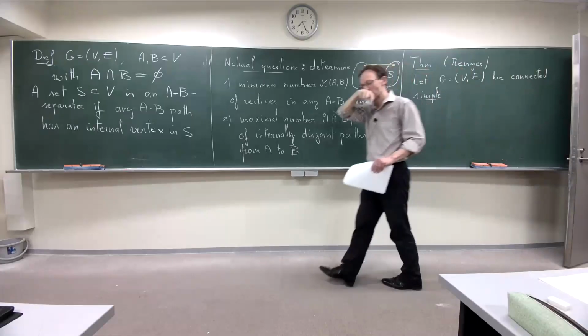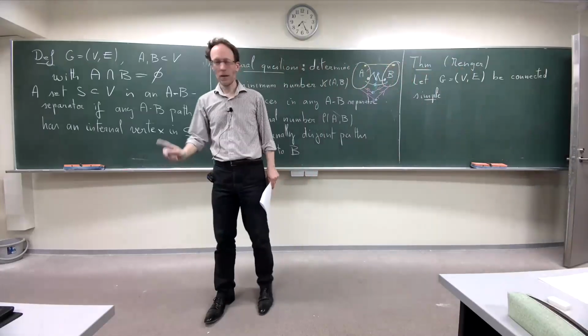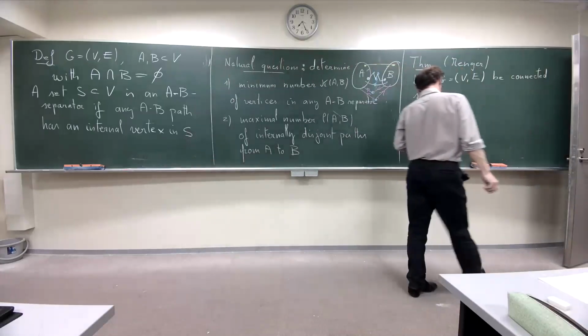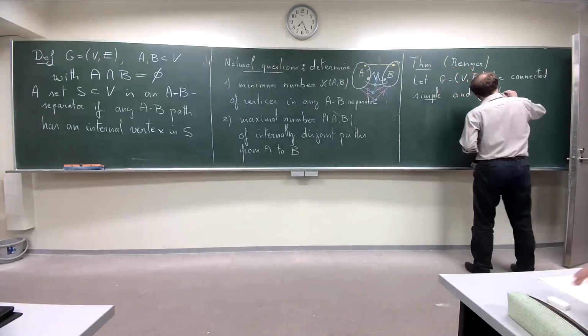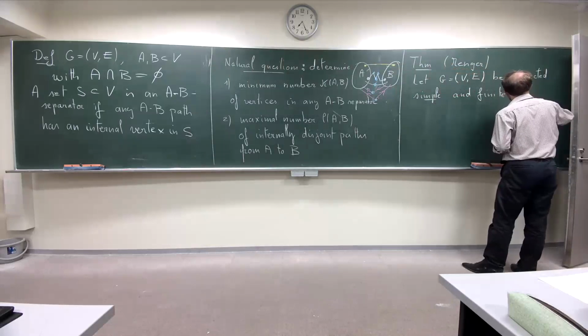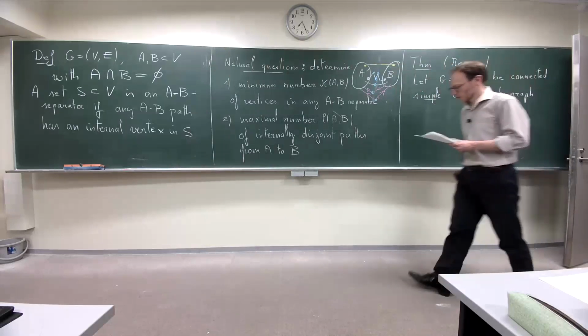Simple means there are no multiple edges. I have to be careful about this. Simple and finite graph. I don't want it to be infinite because it's too big.